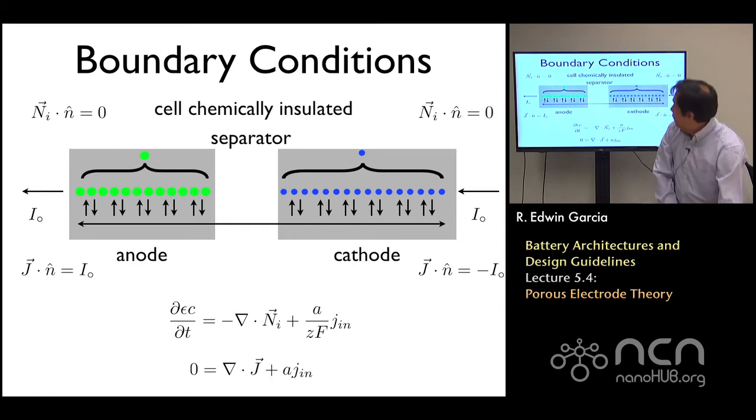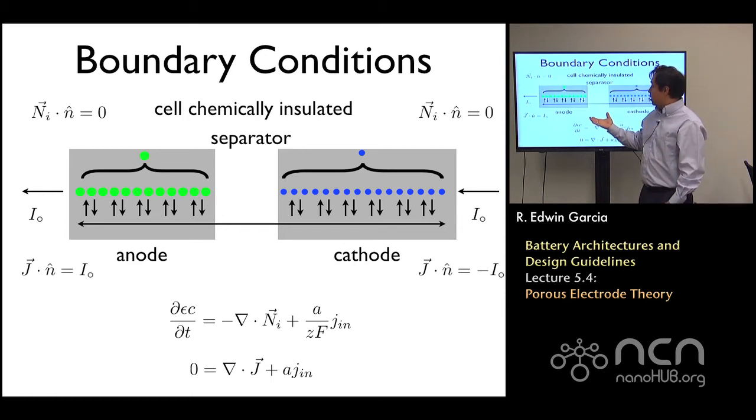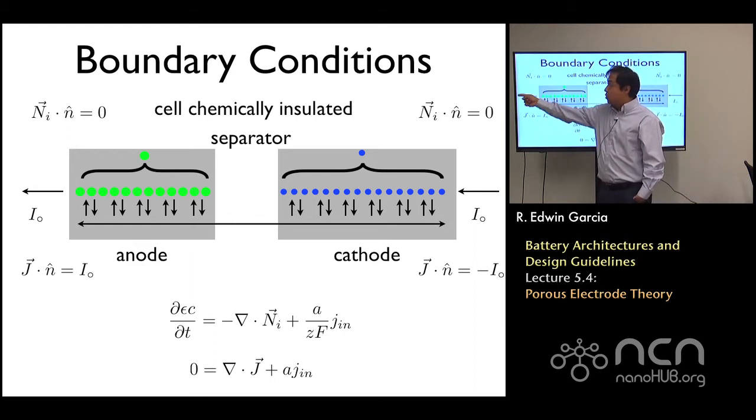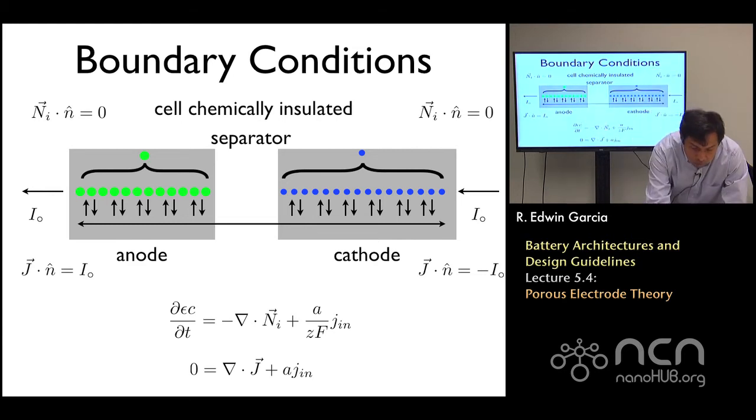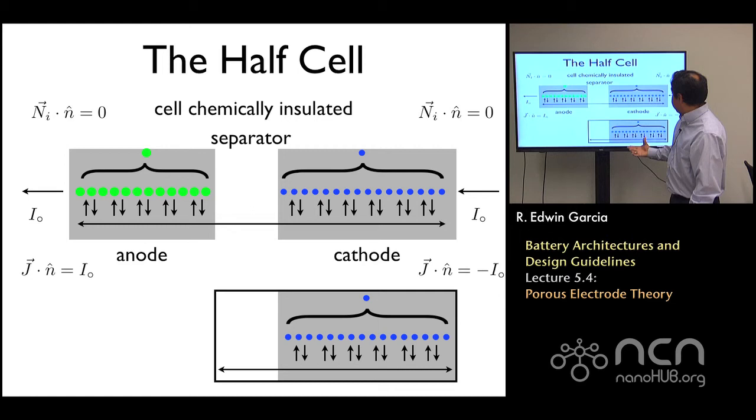And if you agree with this, you don't necessarily have to solve the entire anode-separator-cathode system. For every electron that is moving in that direction, there's a positive ion going from the anode into the cathode, so you can focus on solving only half of the structure.